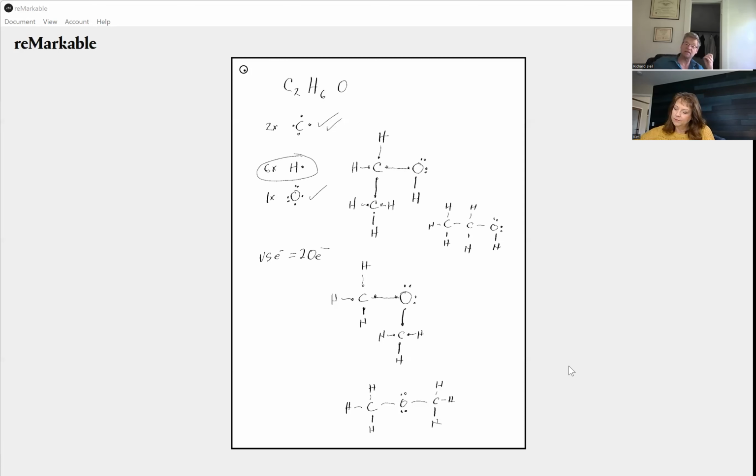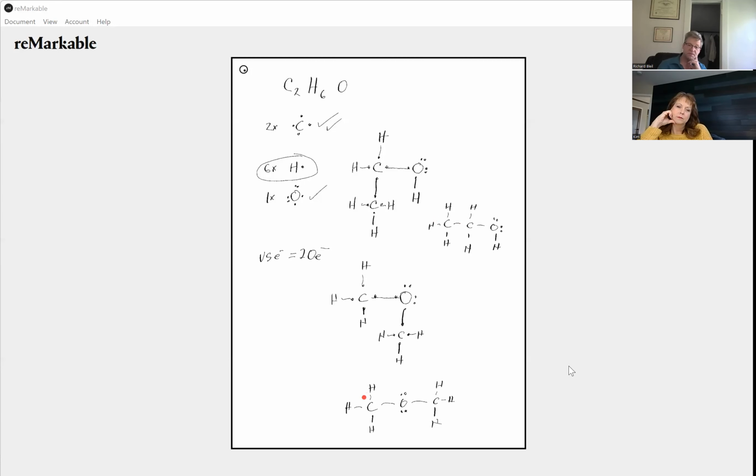Is the top one a valid Lewis dot structure? Well, let's look for the octet rule. We have 2, 4, 6, 8 around oxygen, 2, 4, 6, 8 around this carbon, 2, 4, 6, 8 around this carbon. Hydrogens all have 2.